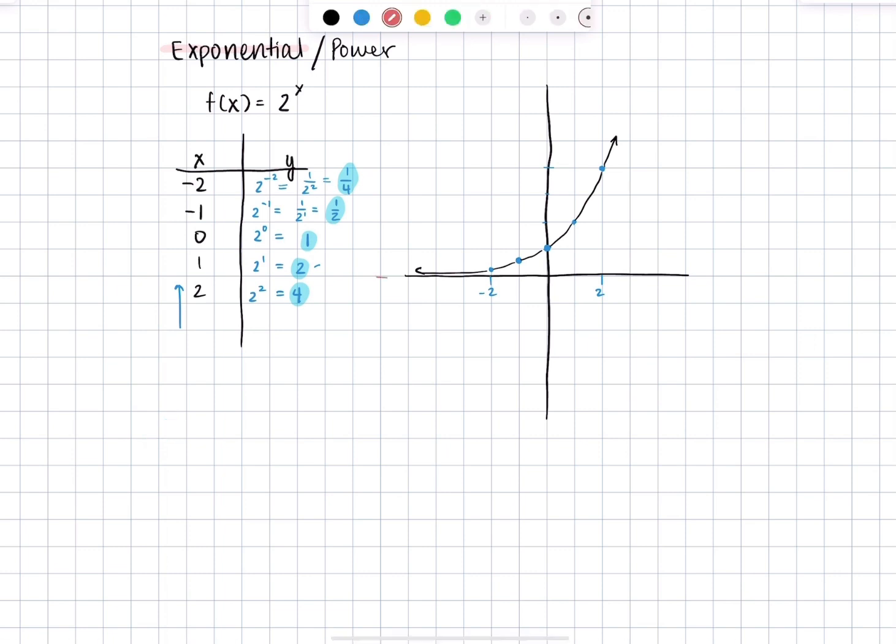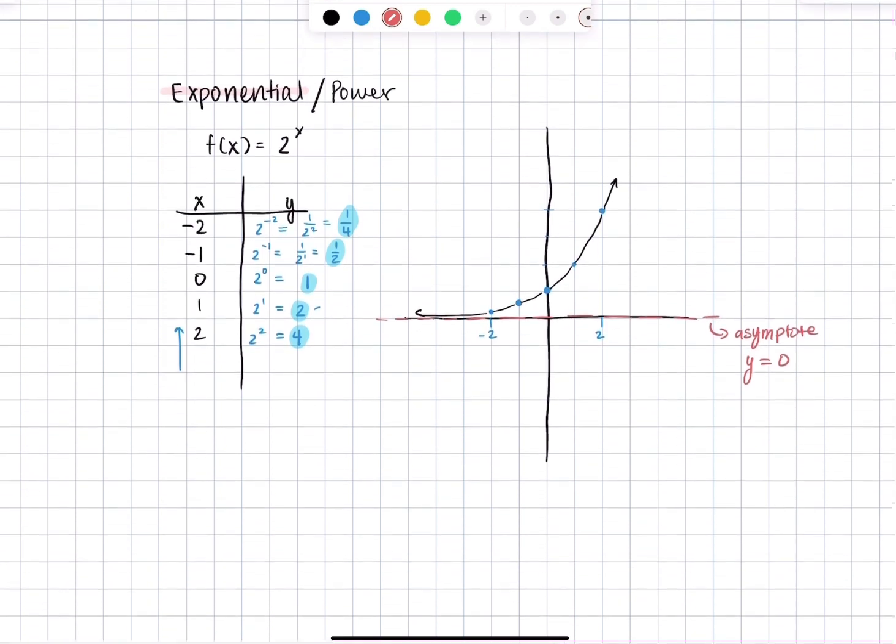So you're going to draw an asymptote. So this is an asymptote at y equals 0. Whatever the x value is, the y is never 0. So that is your asymptote.